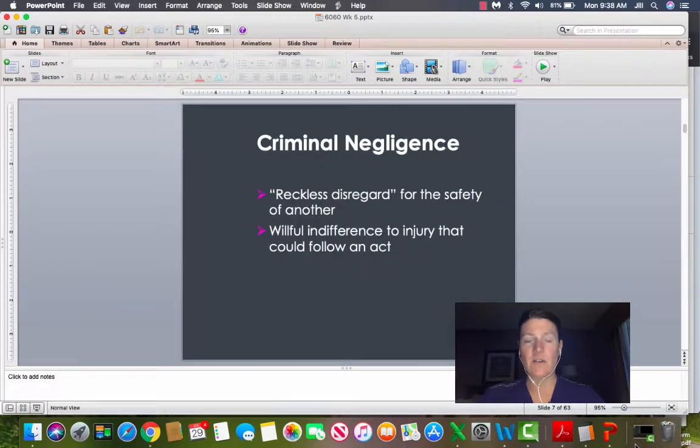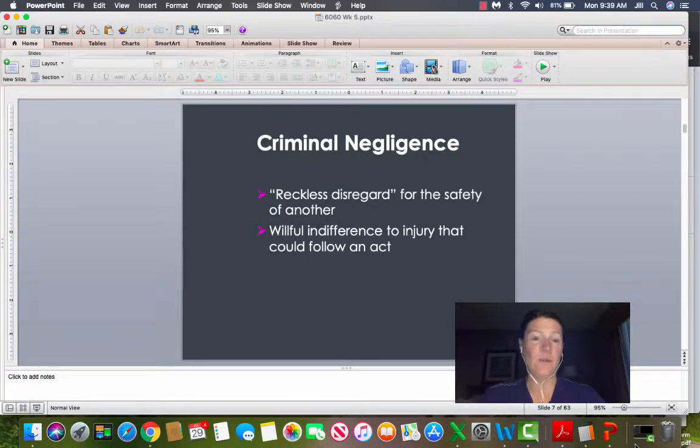Criminal negligence is a little different in that reckless disregard has been shown for the safety of another and willful indifference to an injury. Now, there have been cases in the professional setting where that has occurred.